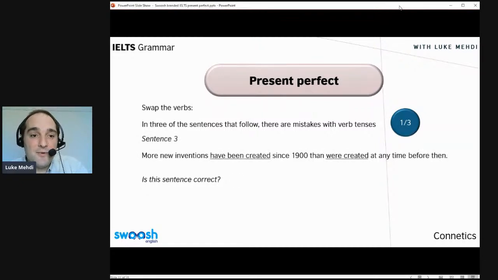So sentence number 3. Do we think this is correct? More new inventions have been created since 1900 than were created at any time before then. Do we think this sentence is correct? Yes or no?